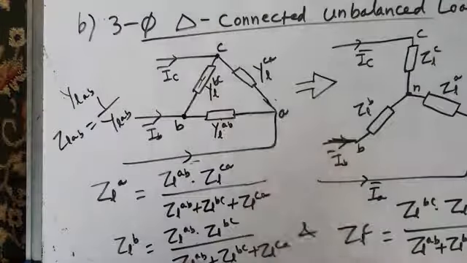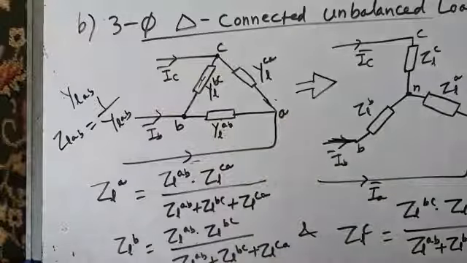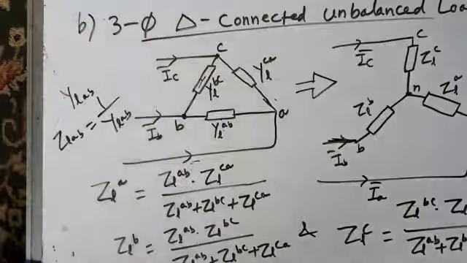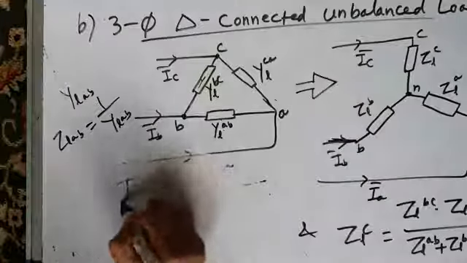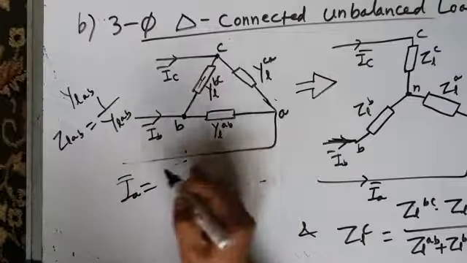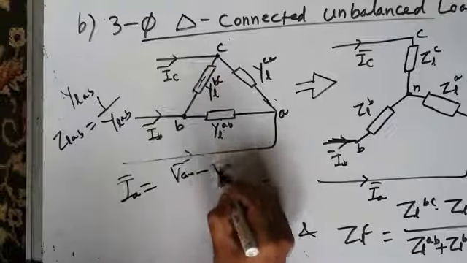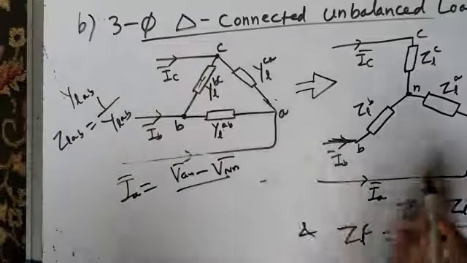Then the same equations, the method we used a little while ago: IA will be equal to VAN minus VNN by ZLA.